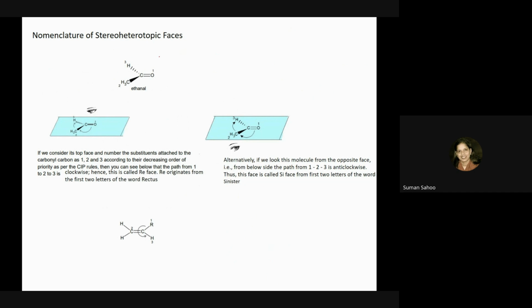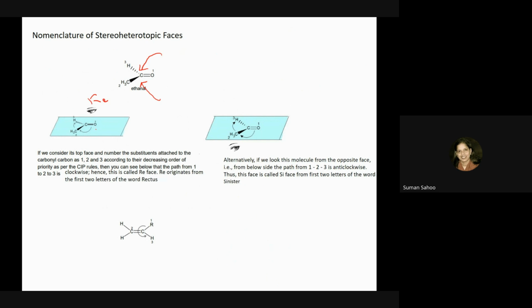Similarly, we have stereoheterotopic faces. That means if we are going to react, we have two faces here, up and down. So the nucleophile can attack from the up face or the down face, top face or bottom face. The up face is known as Re. How do we do that?